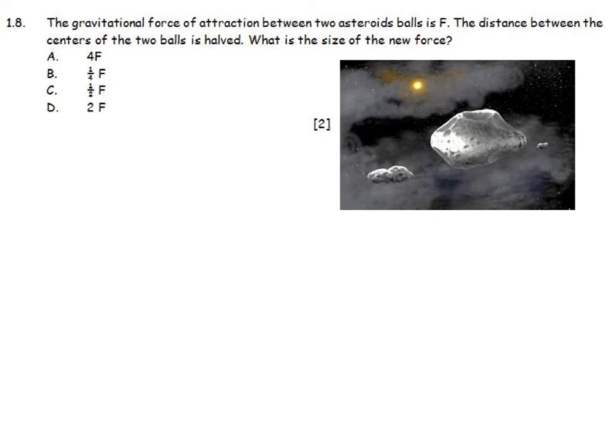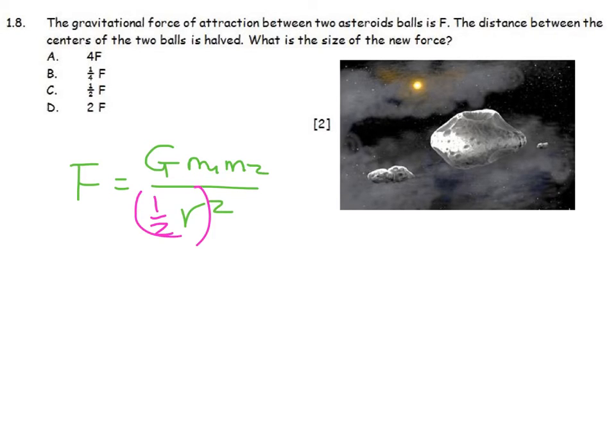The gravitational force of attraction between two asteroid balls is F. F is equal to G m1 m2 over r squared. The distance between them is halved. So I now halve that number over there. What is going to happen to this force?